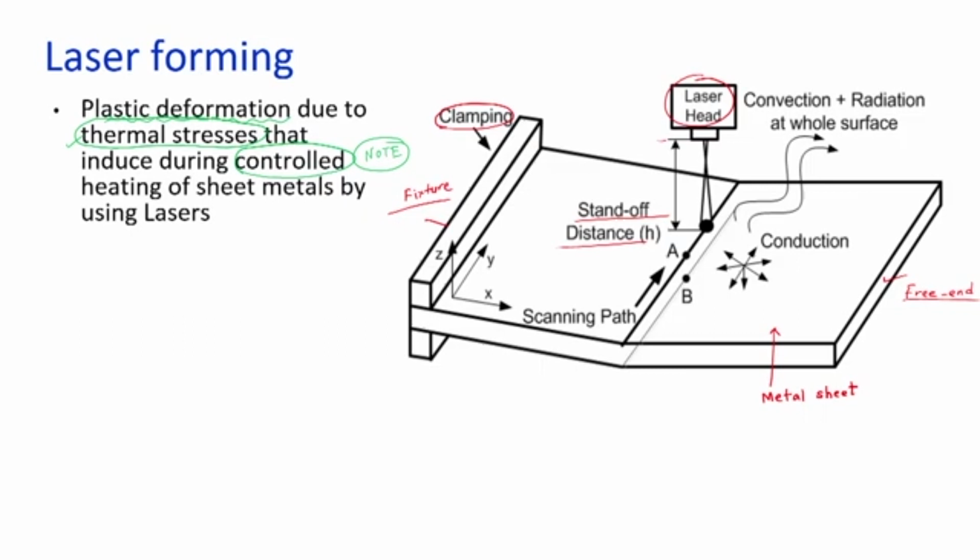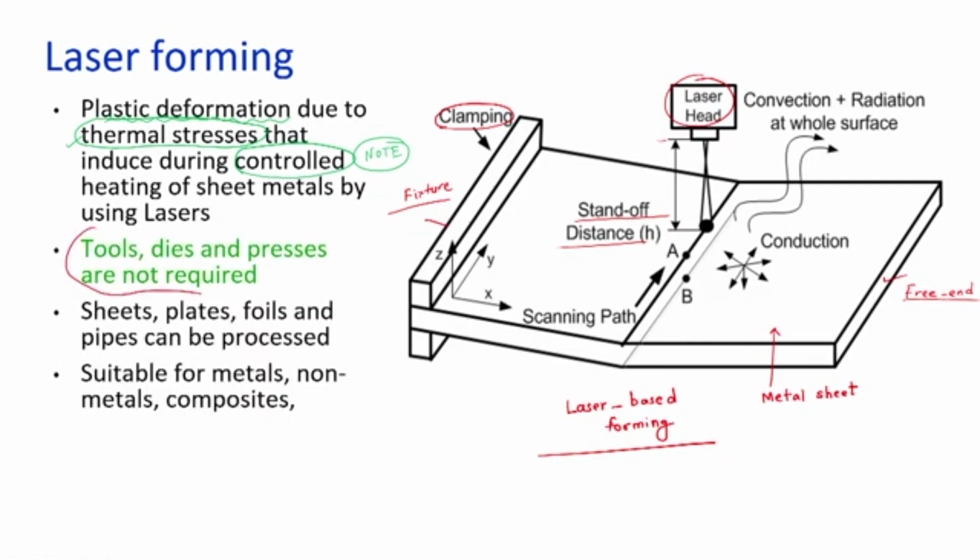When we scan the energy from one end to the other end, the metal sheet gets deformed. That is laser based forming, and how it is possible we will see in our coming slides. Laser based forming works by controlled application of laser energy over the work surface using CNC based technology.